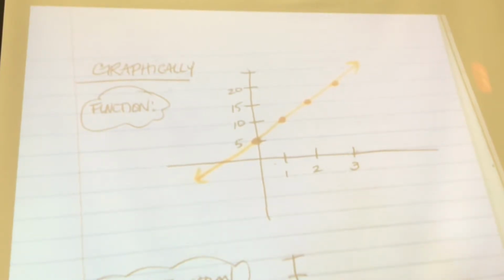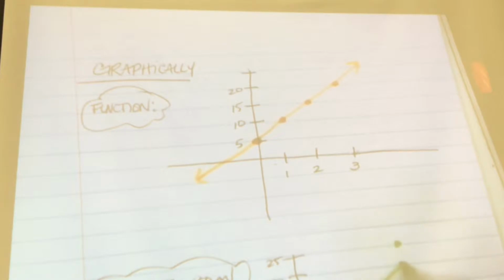Let me mark these off. 2 is at 15. 3 is at 20, and 3 is also at 25.